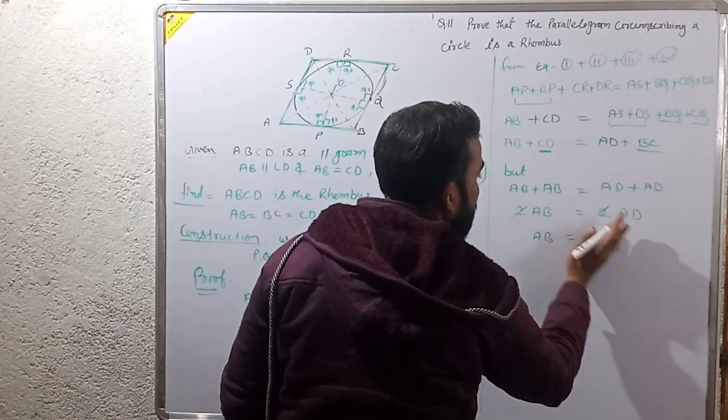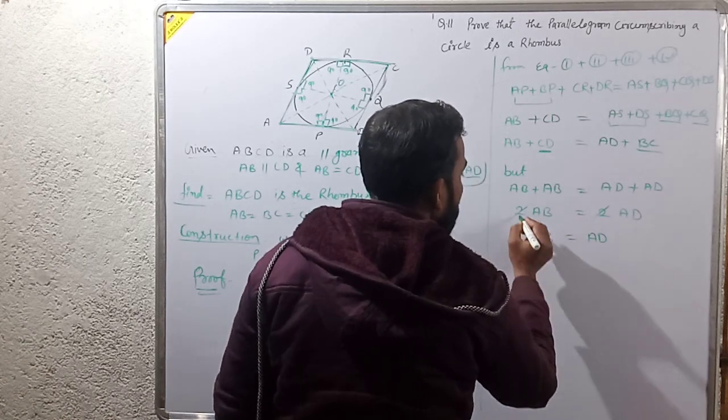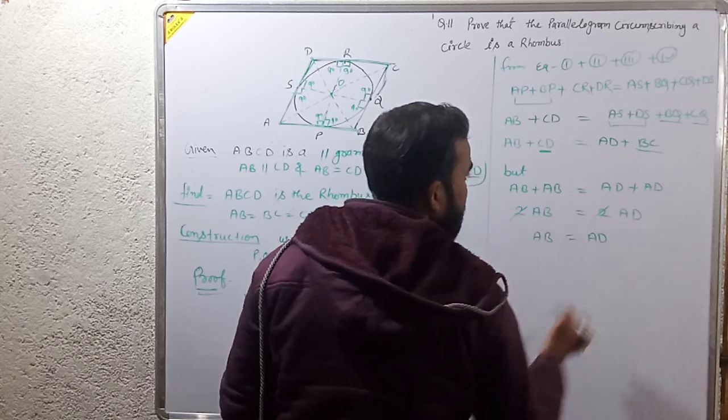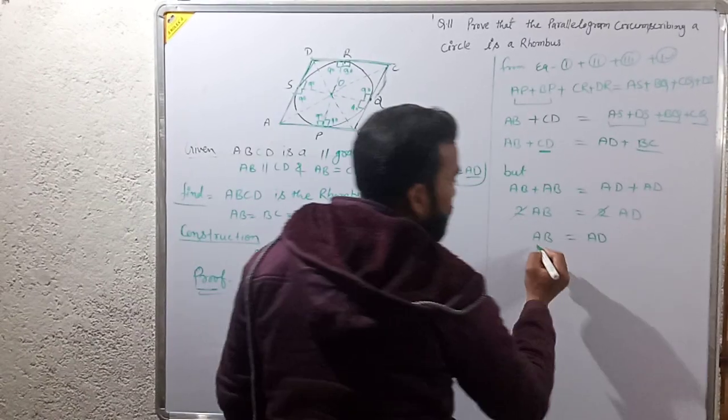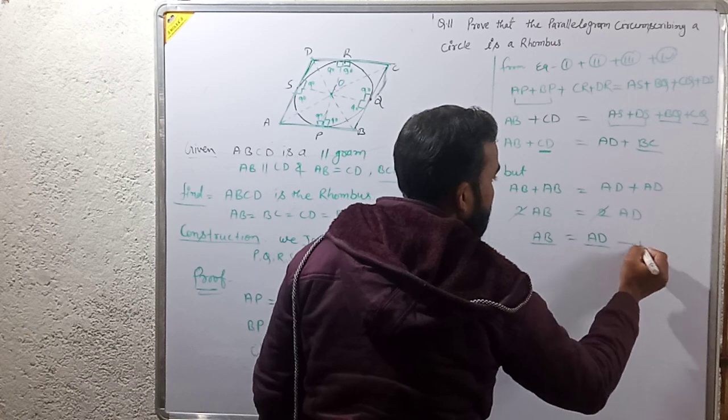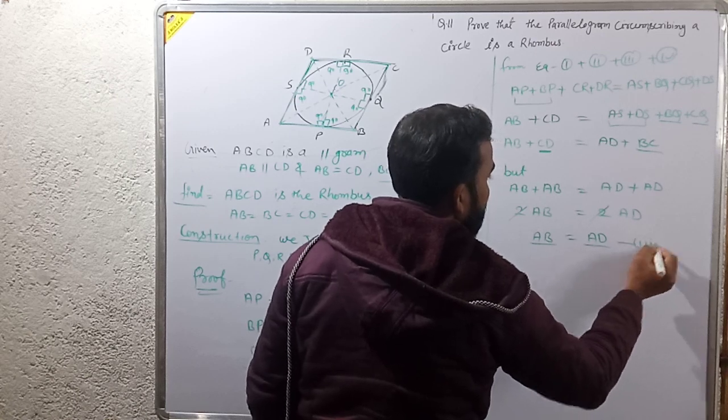This 2 will be transferred and becomes divided. Clear?